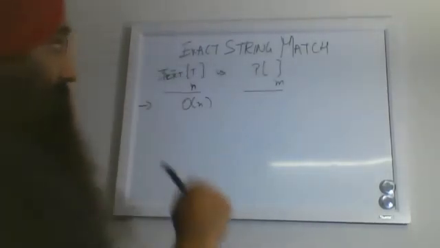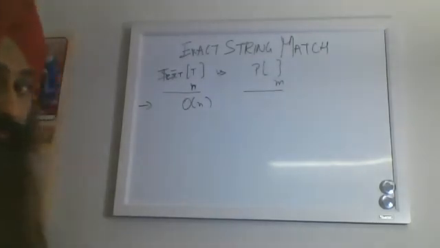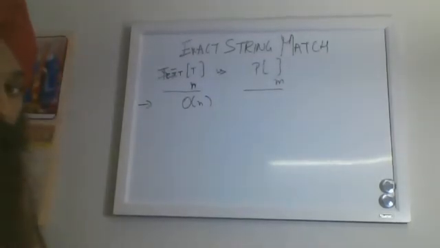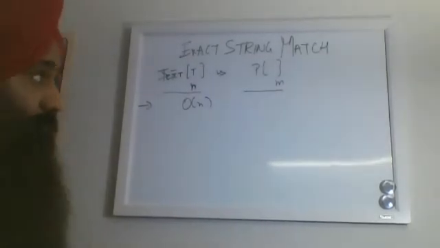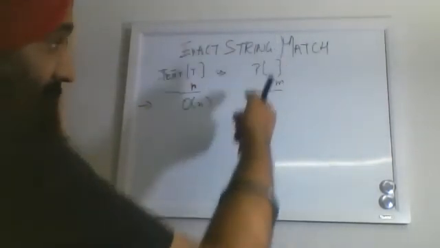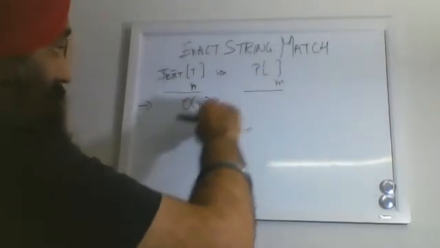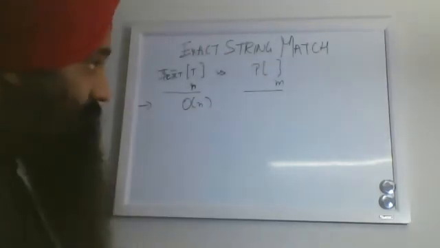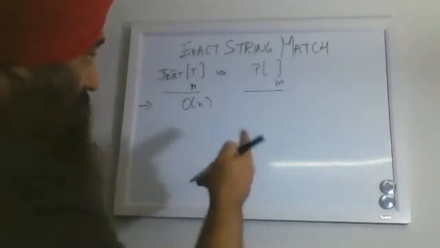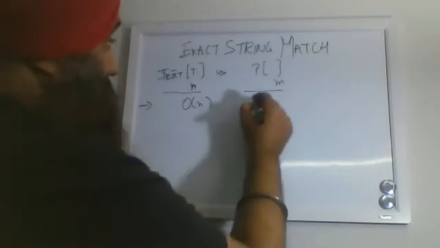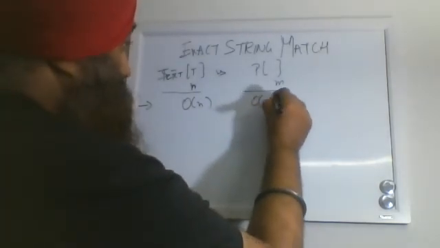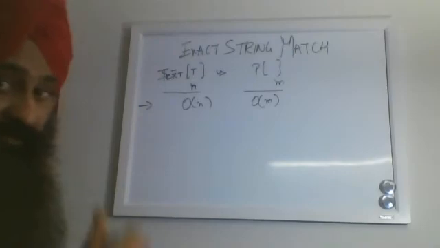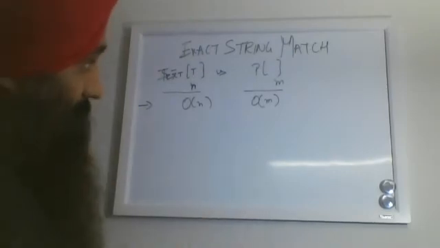Then you find the pattern: you traverse the suffix tree beginning at the root, and you can find in order of m whether the pattern exists or not.